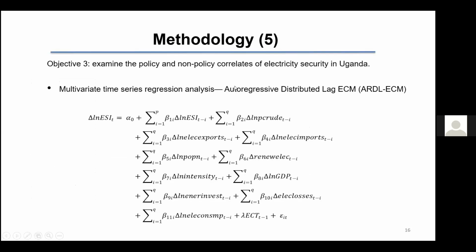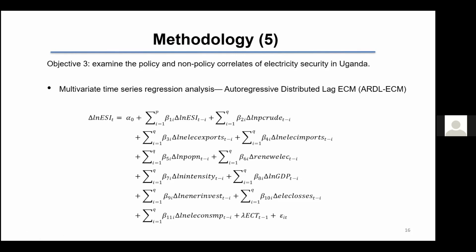The third objective is an econometric analysis, or trying to establish the cause-effect relationships for this particular assessment. We are using time series regression analysis, particularly the autoregressive distributed lag model, for assessing this particular objective.